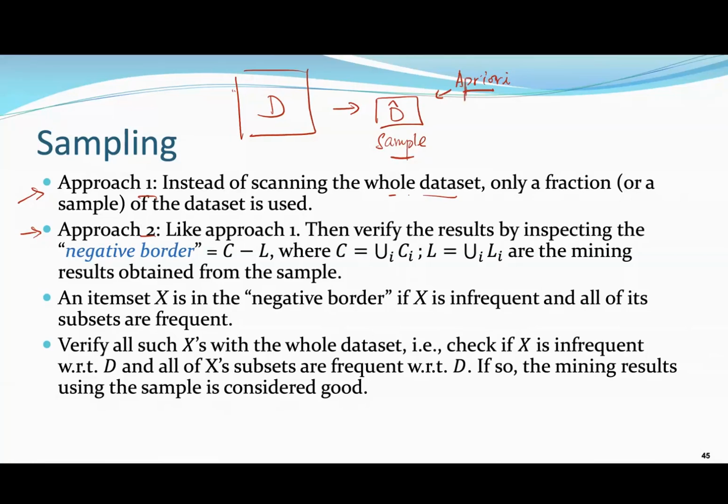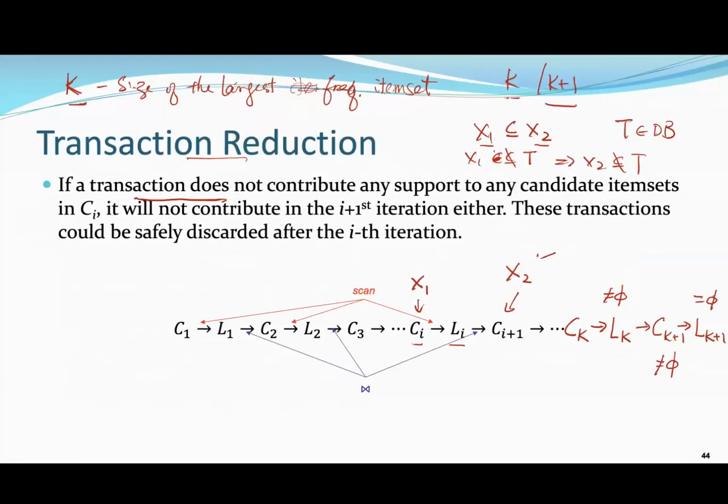Well, when we apply Apriori to the sample, we will obtain, as we have previously mentioned, going through the sequence of steps, right? That means that in the process, we will have created a number of candidate item sets, namely C1, C2, C3, ... Ci, and so on.